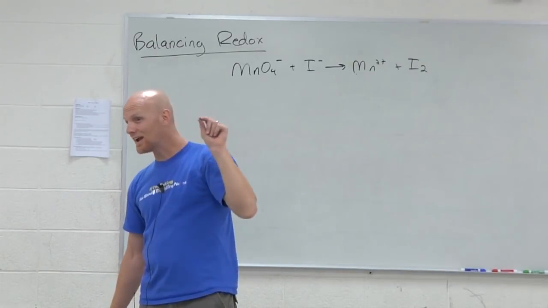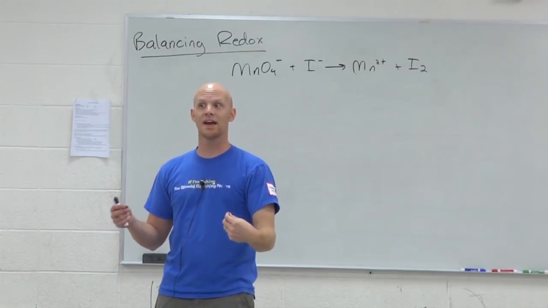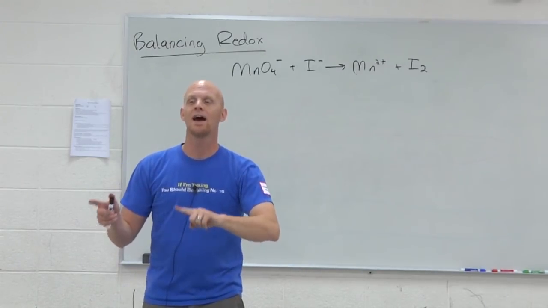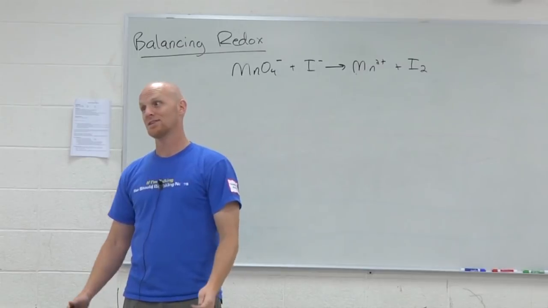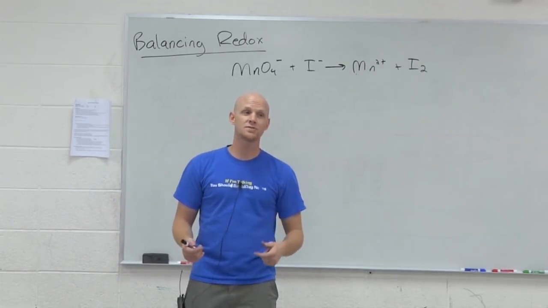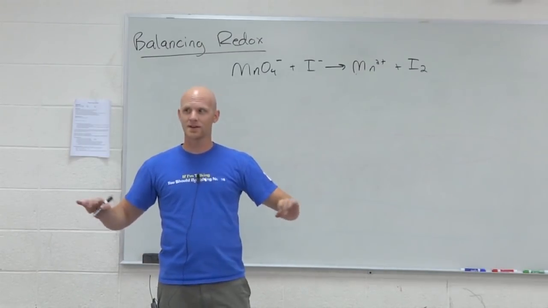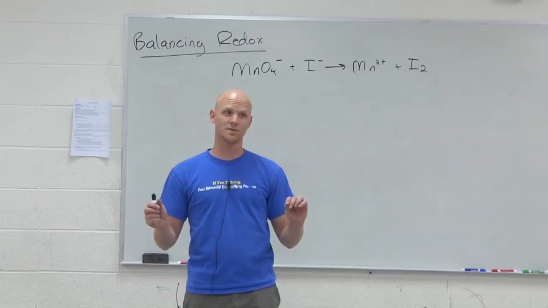But she actually gained those electrons. It seems weird, but the oxidizing agent, the agent that causes oxidation, actually gets reduced. The oxidizing agent gets reduced, and the reducing agent gets oxidized.